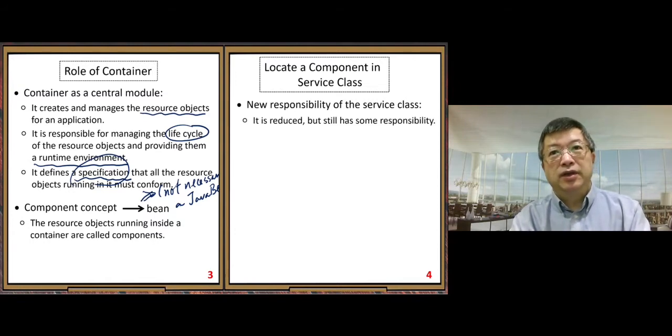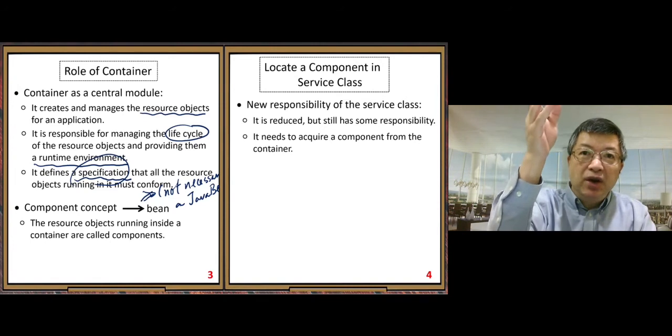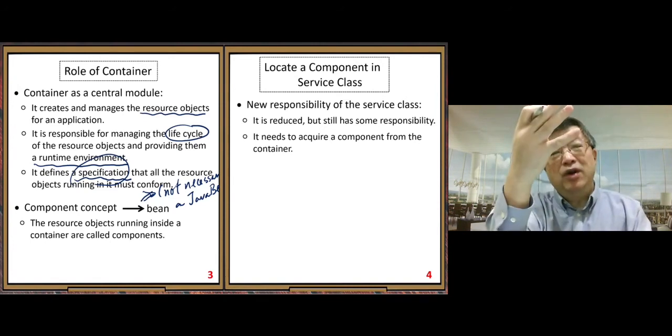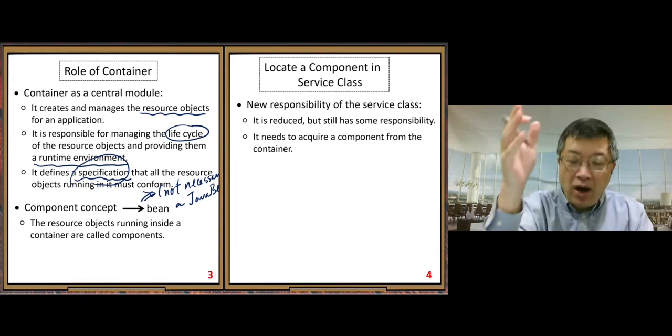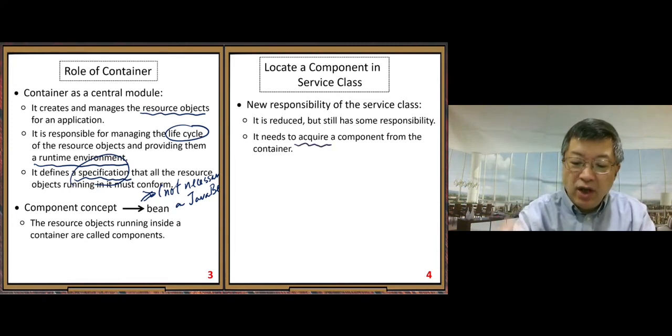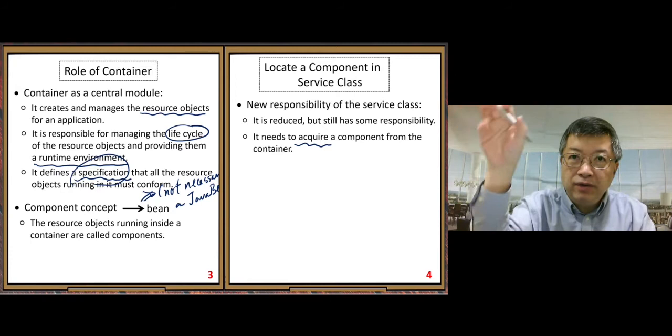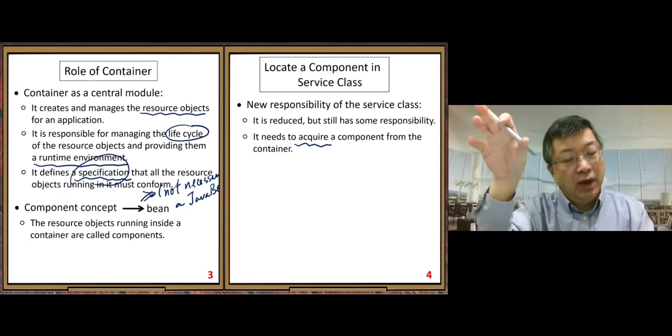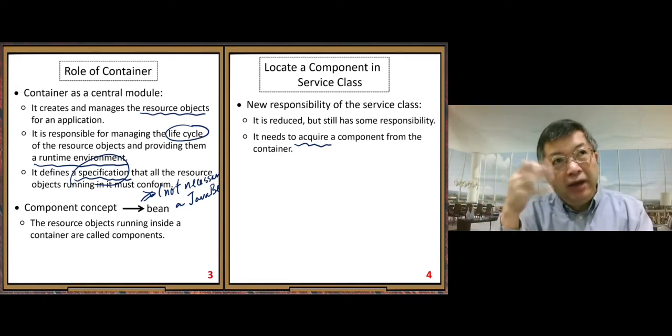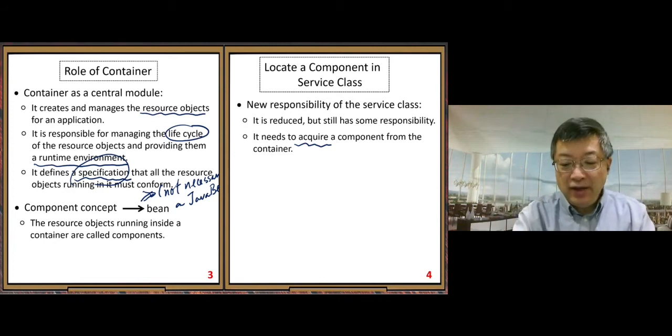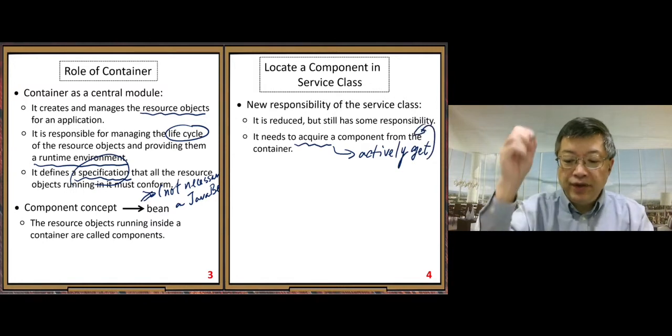That's the fact we are talking about. It needs to acquire a component from the container. Look at this word, acquire. Acquire here means actively get, not passively, actively get from the container.